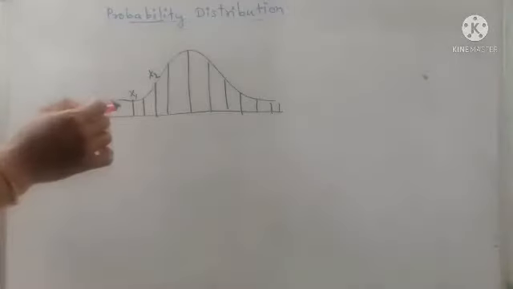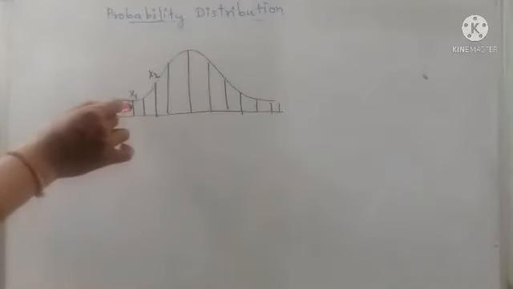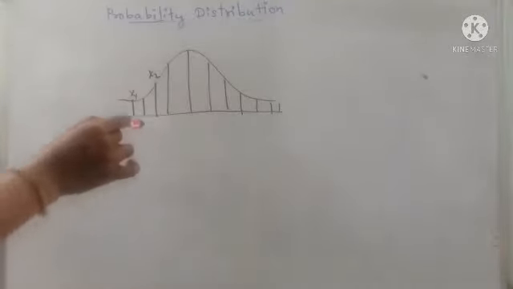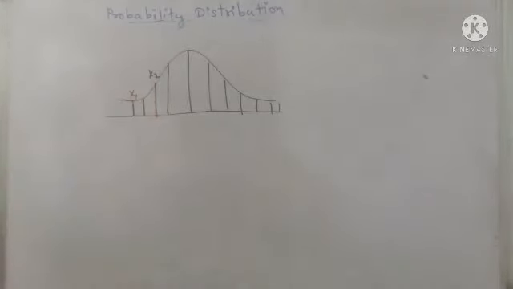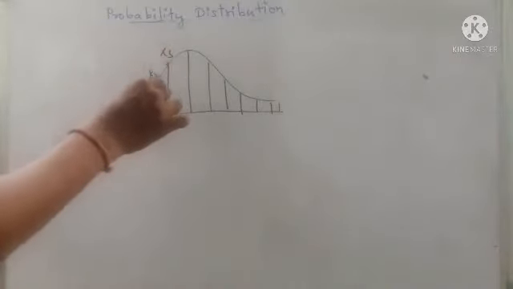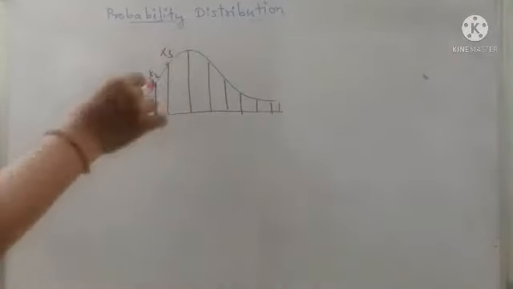As you understand here, the number of x1 in a distribution is less than the number of x2s in a distribution. As I put here x3, then you can say x3 are more than x2.